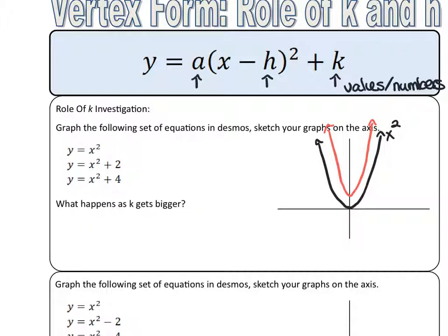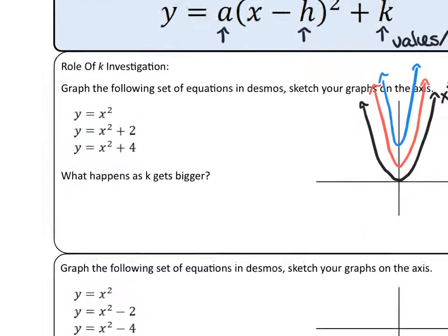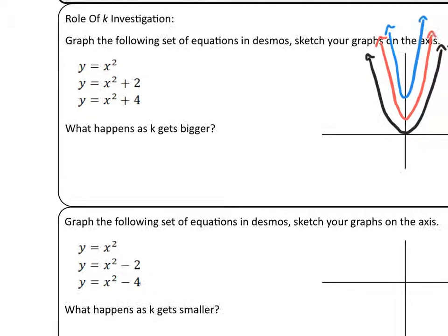And your x squared plus 4 looked like this. Okay, same shape. It just moved up the y-axis. So what you should have got is what happens as k gets bigger. You could have written something like this.